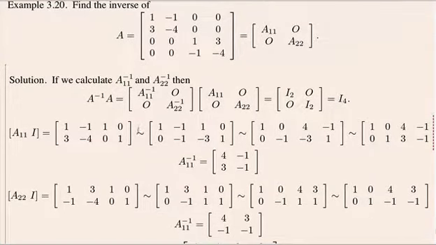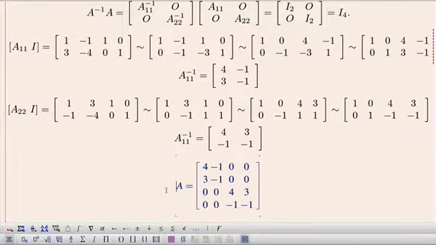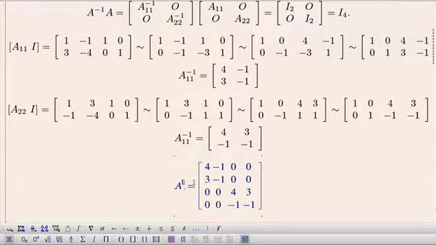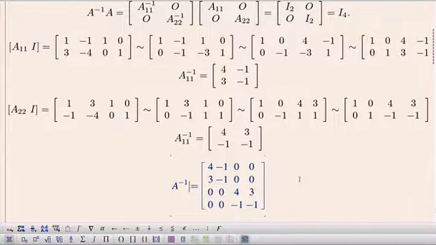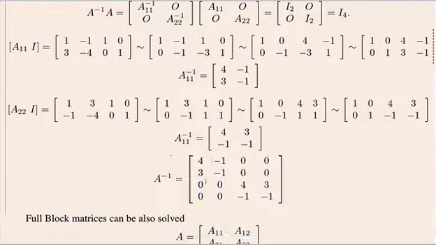Similarly, to get the A22 inverse, we augment A22 with the identity matrix, and again we do Gaussian elimination until we get the identity matrix here. And then whatever we have on the right-hand side, that's A22 inverse. Then A inverse will be just putting together A11 inverse, A22 inverse, and the 0, 0 matrices.